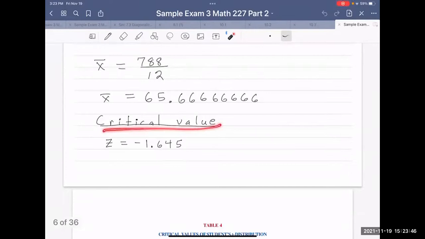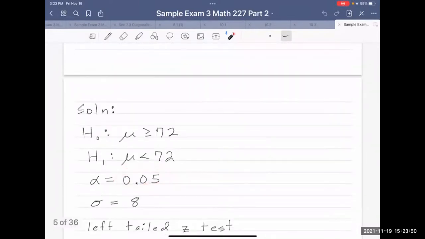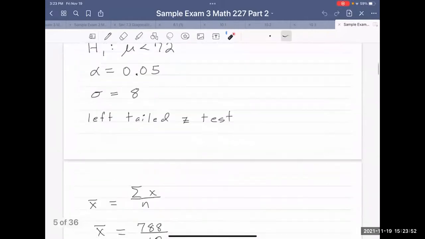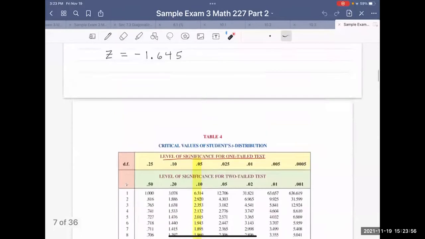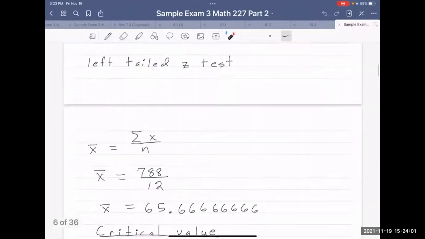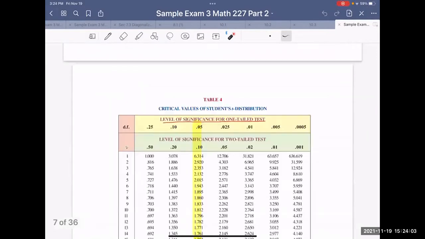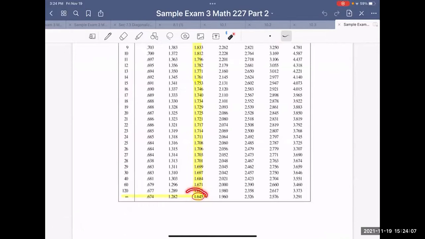Let's find the critical value. So this is z 0.05. And so this is one-tailed, 0.05. And so I have here a negative 1.645.